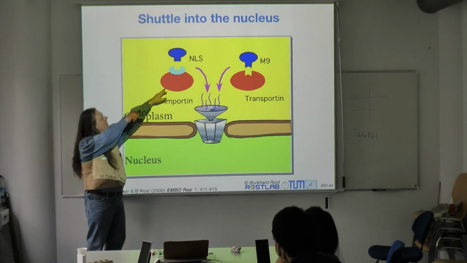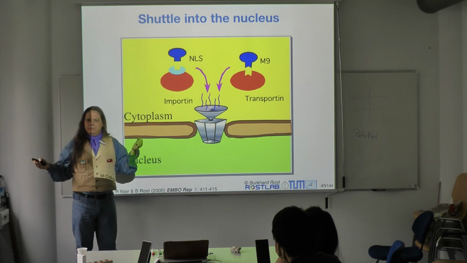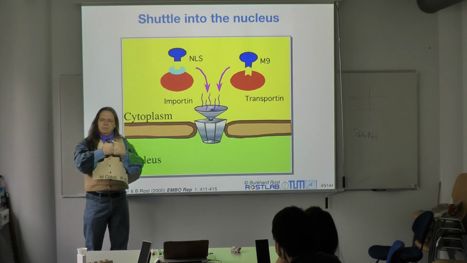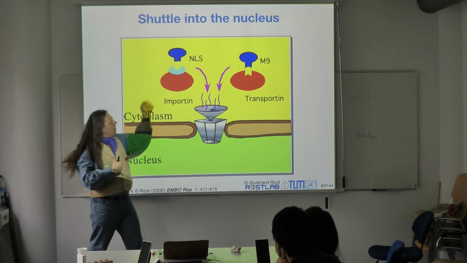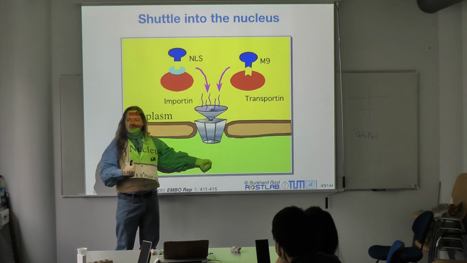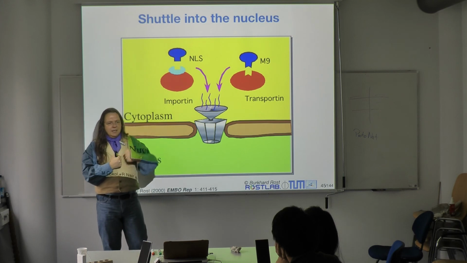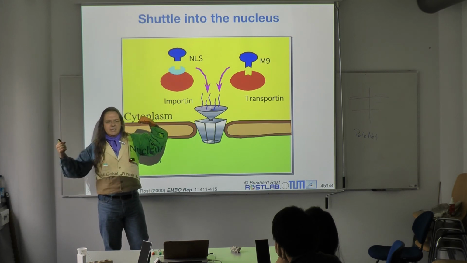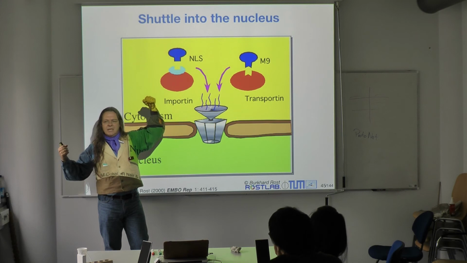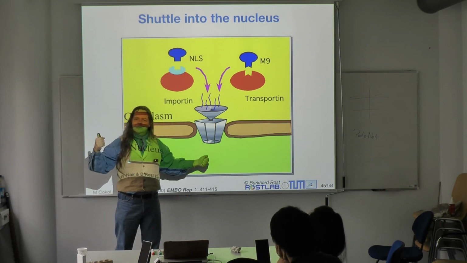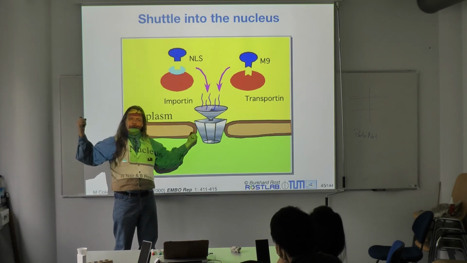So that blue thing here sits on a protein. The importin binds to that signal, shuttles the protein through the nuclear pore into the nucleus. So now you can immediately see, even if you're 99% identical, if you have a short sequence motif, one has the motif and is imported into the nucleus, the other one doesn't, it's not imported into the nucleus.